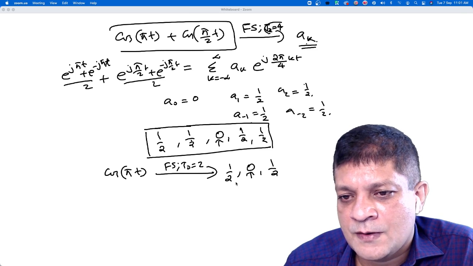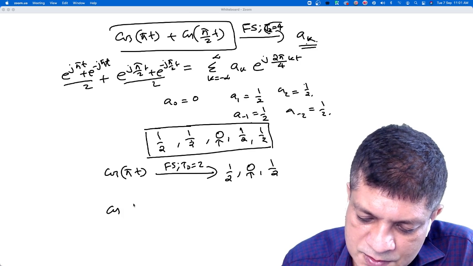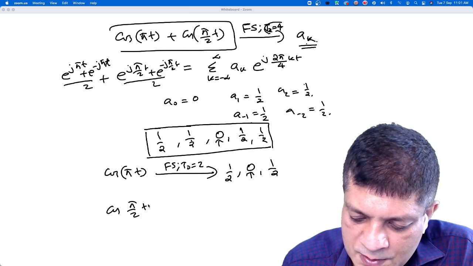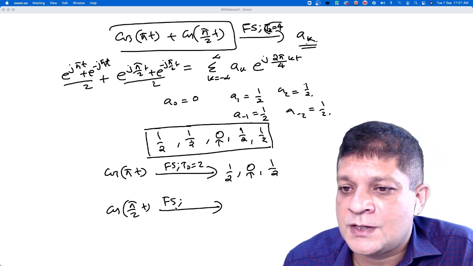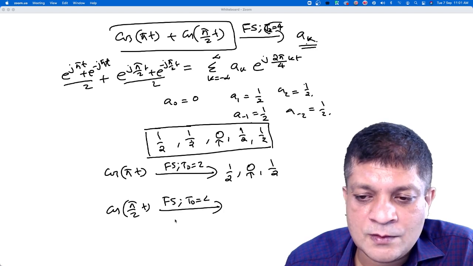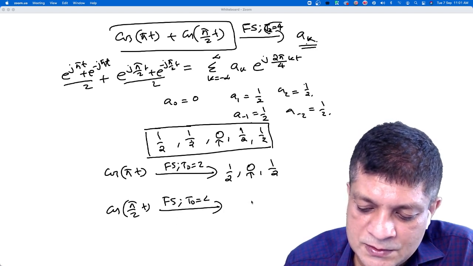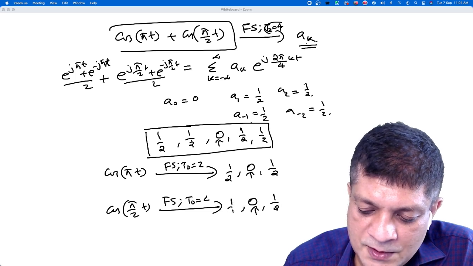Yes. And what about the second term, cos pi by 2 t? It is a periodic signal with fundamental period, what? T naught is 4. What are the Fourier series coefficients? Is it this? Same.